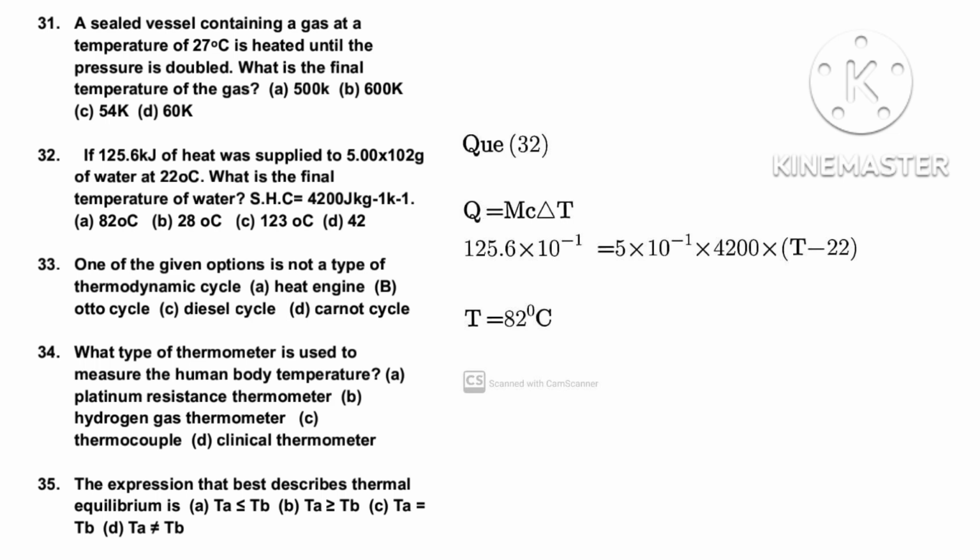Now 32, we use the same formula we've been using, Q equals MC change in T. Then we look for the value of T, and we have T to be 82 degrees Celsius. Question 33, one of the given options is not a type of thermodynamic cycle. Obviously a heat engine is not a type of thermodynamic cycle.